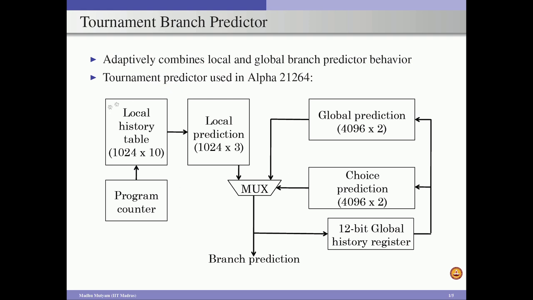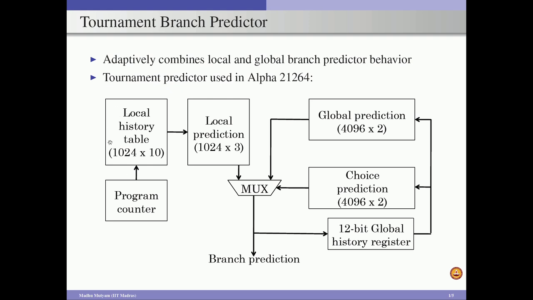Whereas the local history table is going to keep track of the last few outcomes of the same branch. Here we are considering the design implemented in Alpha 21264, which has a 1024 entry local history table, and each entry has 10-bit information.